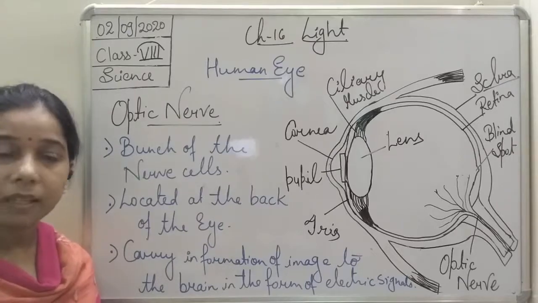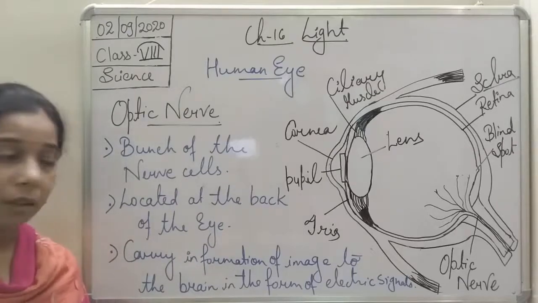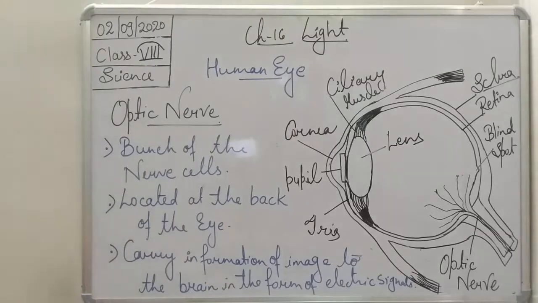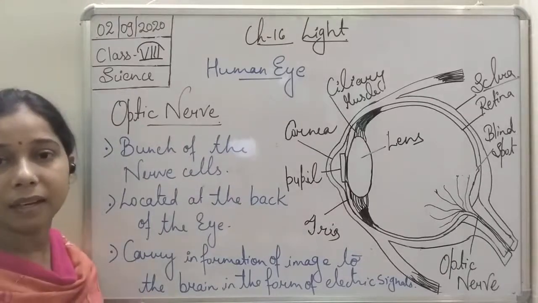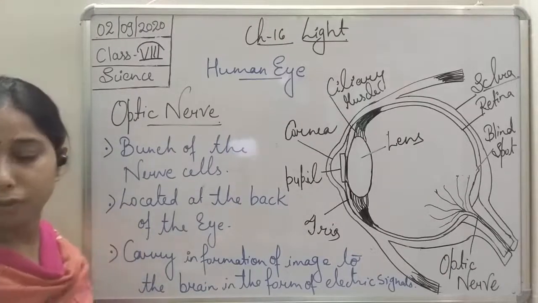So basically the role of this optic nerve is to carry the information. Not only this, students, it helps in connecting the retina to the brain.